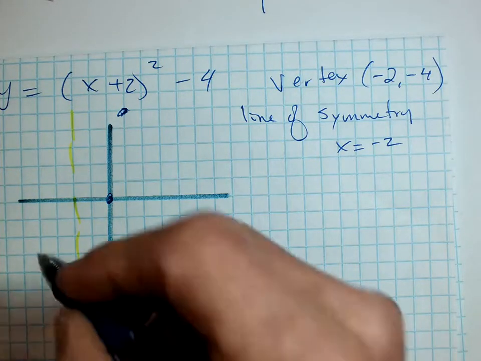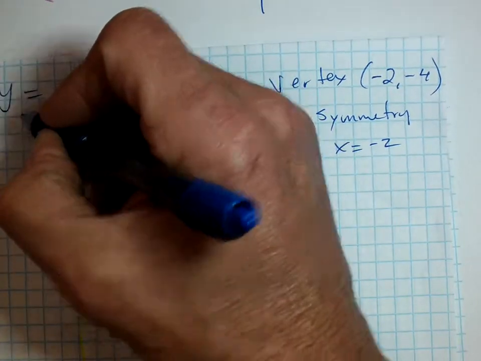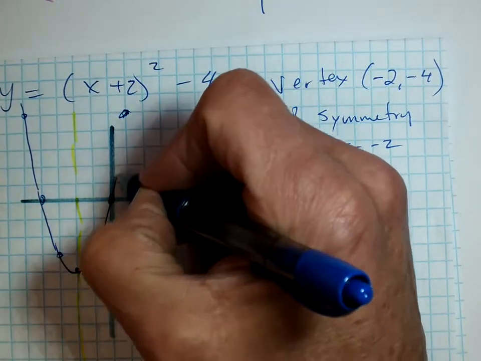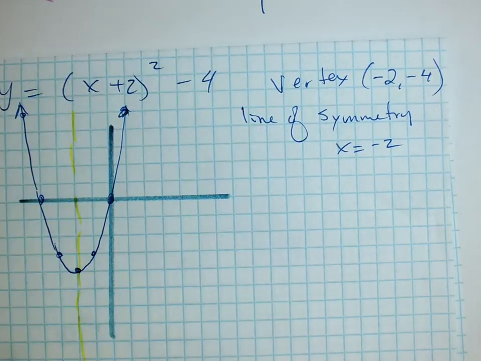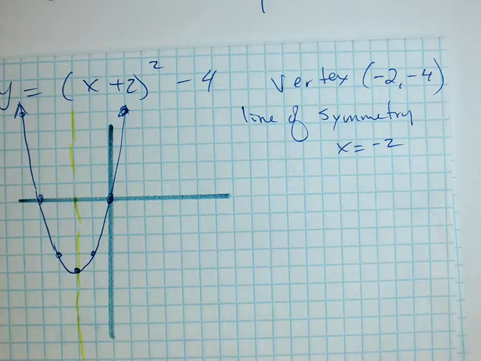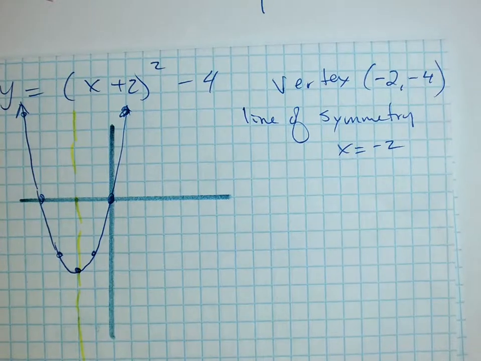So I have a point here reflected, a point here reflected, and a point here reflected. I'm just going to draw it in. Got it. Not too bad? That's pretty easy, isn't it? I'll wait for you, and then we'll do number 9.